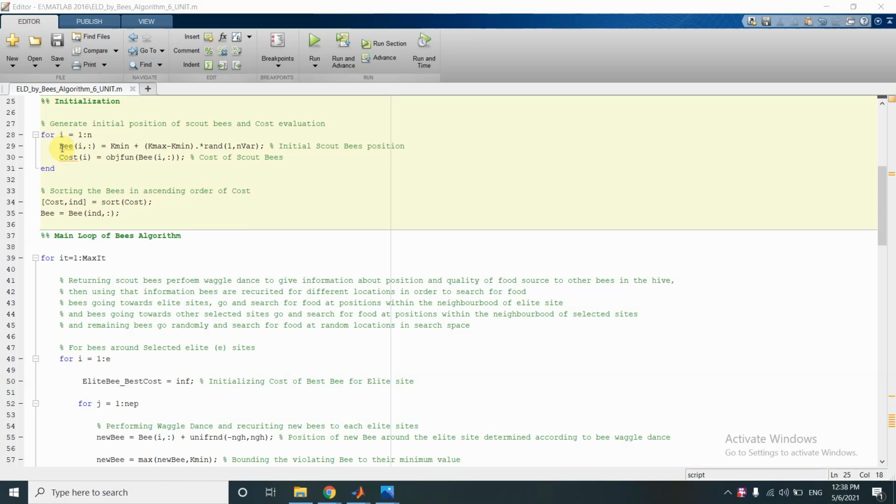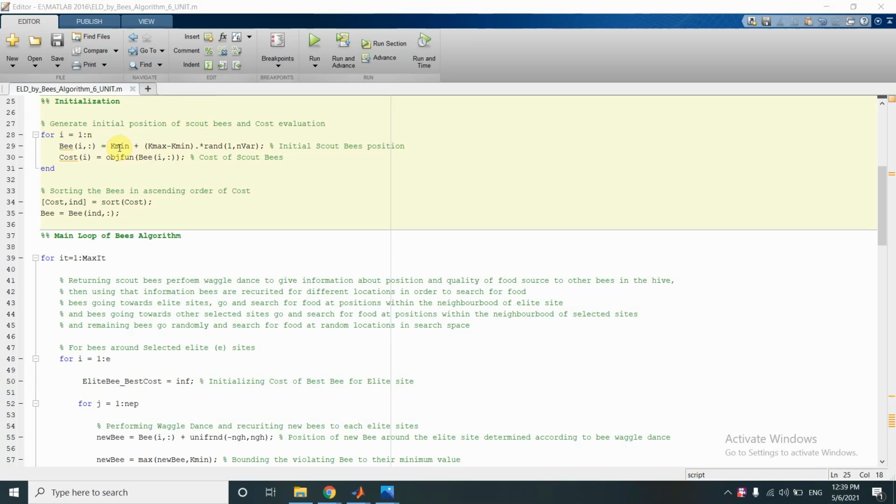For generating the random positions, we take the range, Kmax minus Kmin, and multiply it with a random number. A random number is between 0 and 1, so when we multiply it with the range, we get some value within that range, and then we add this to Kmin.